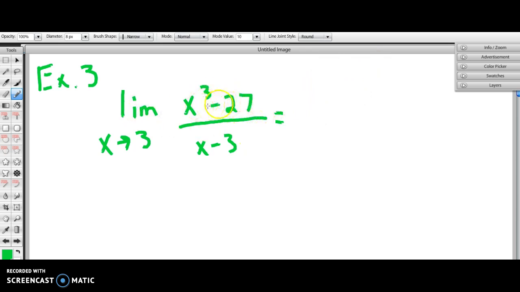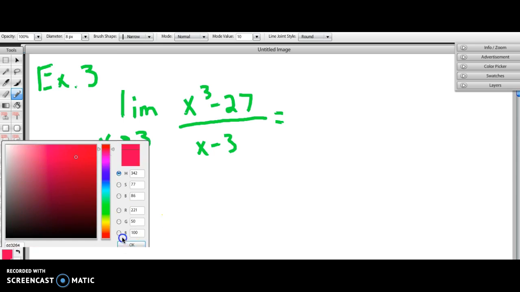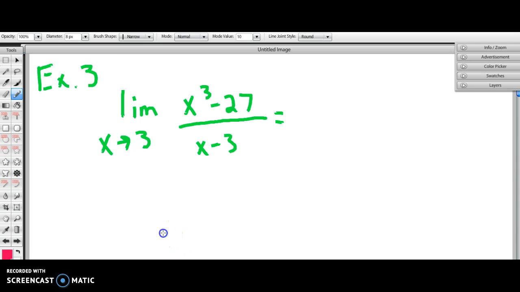So we're going to break this perfect cube up. That is just the equation: a cubed minus b cubed equals a minus b times a squared plus a times b plus b squared.